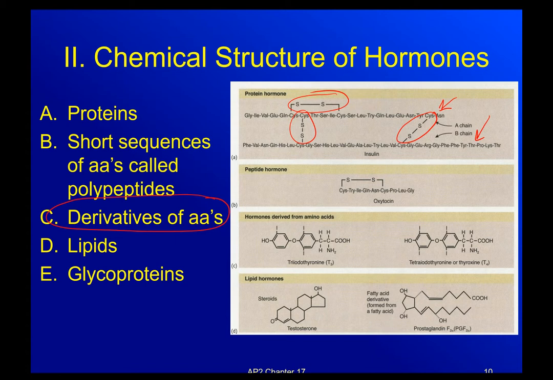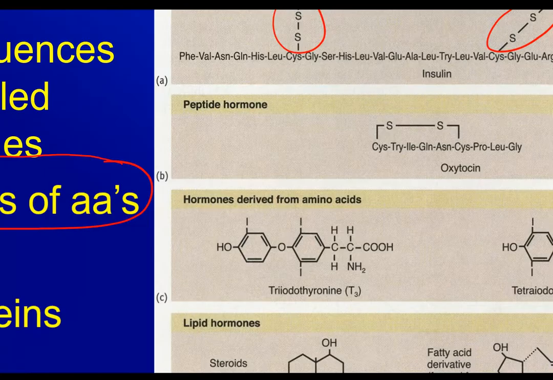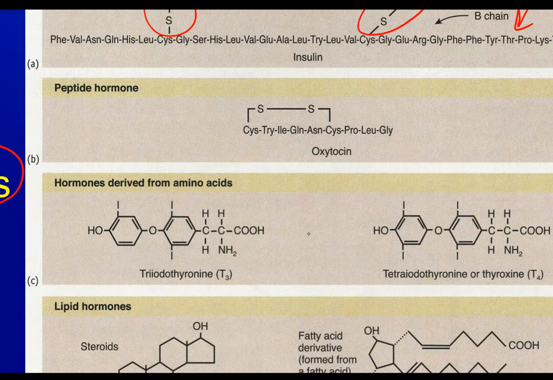If you derive a hormone from an amino acid, it's called a derivative. A good example of that are these little dudes here. Triiodothyronine right here and tetraiodothyronine. The base for this is actually tyrosine, one of the 20 amino acids. Tri, what does tri mean? 3, right?